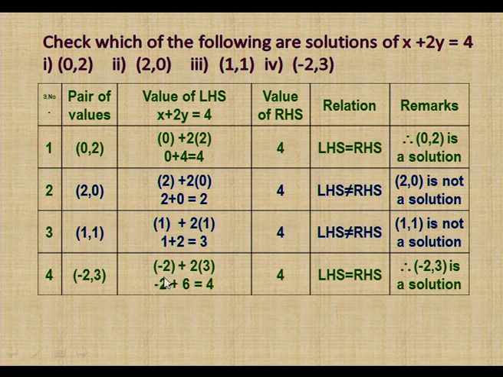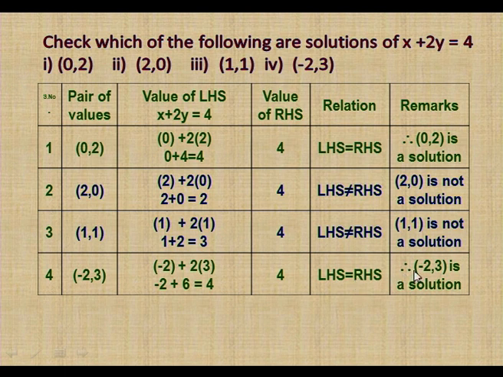In place of x I write minus 2, in place of y I write 3. So, I will be getting here minus 2 plus 2 into 3, minus 2 plus 6, how much is it? 4. That means 4 is equal to 4, LHS is equal to RHS. If left hand side is equal to RHS, what you can say is that minus 2, 3 is the solution, or you can say the ordered pair which is satisfying the given equation.